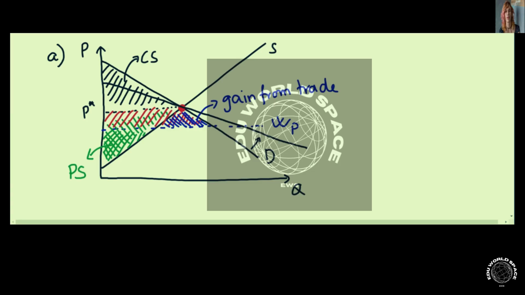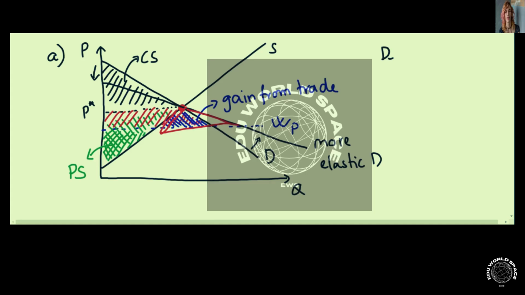Okay? We call this a more elastic demand curve. Everything else is the same. And now, do you notice what happened to the gain from trade area? This area gets larger.